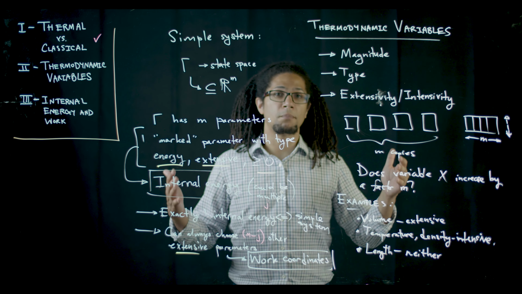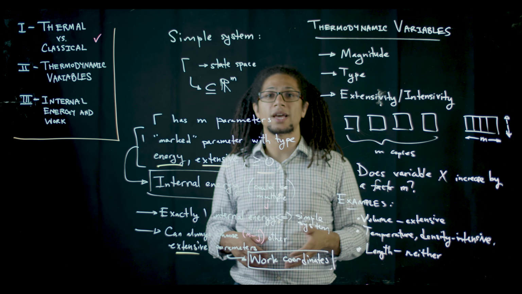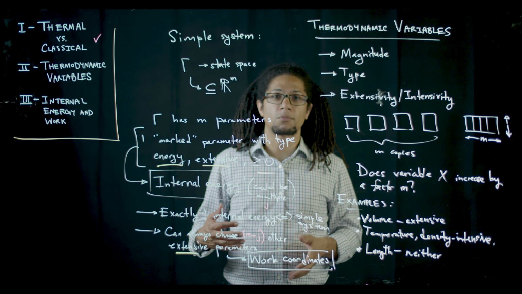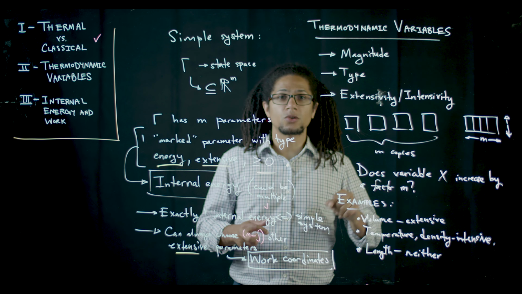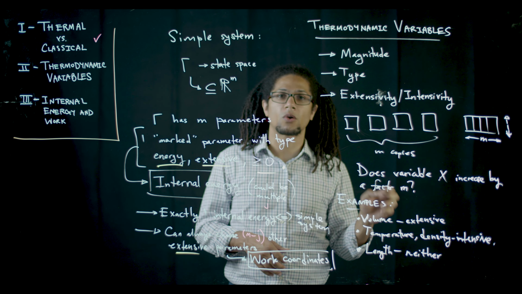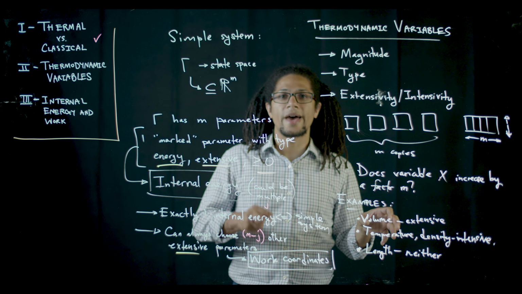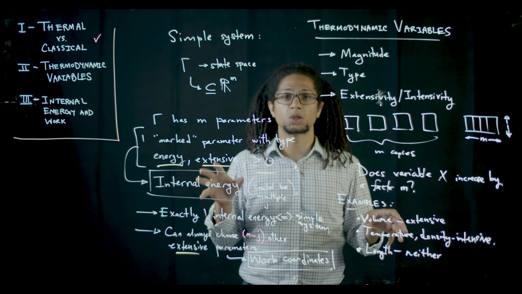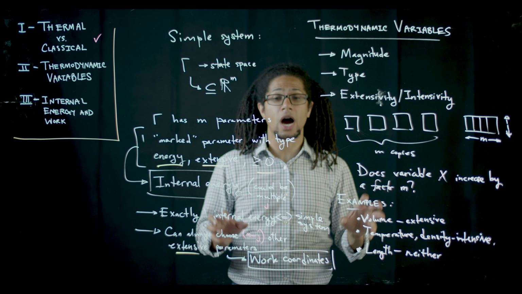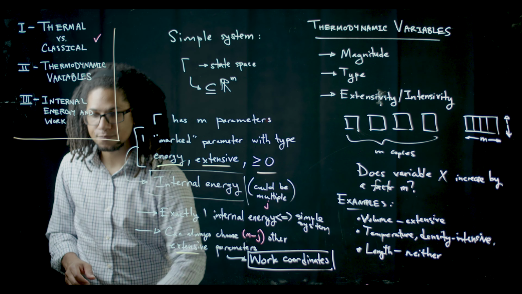So suppose that we take a box of gas and we put a partition down the middle of that box, such that it's very good at insulating the particles from each other. Then the particles in, for instance, the left-hand side of the box can share kinetic energy with each other. And the particles on the right-hand side of the box can share kinetic energy with each other. But the two sides of the box cannot share internal energy with each other.